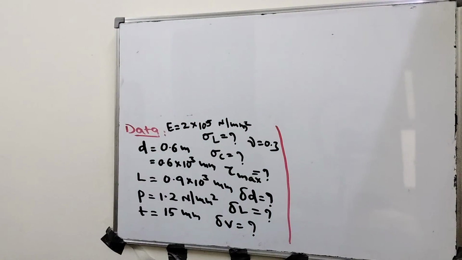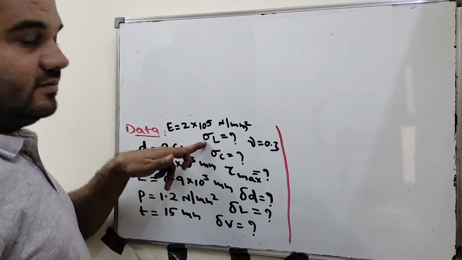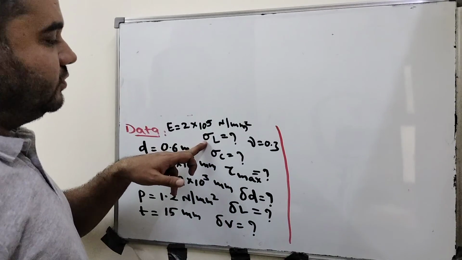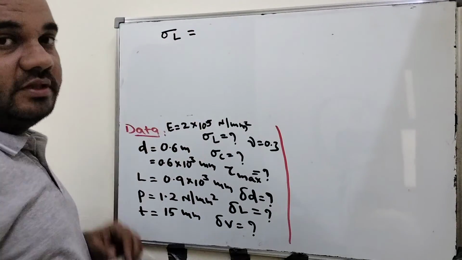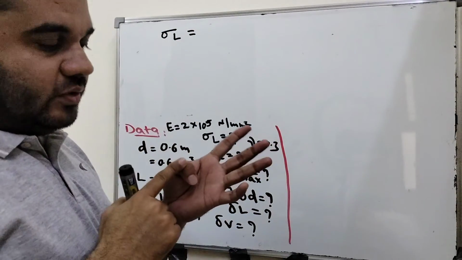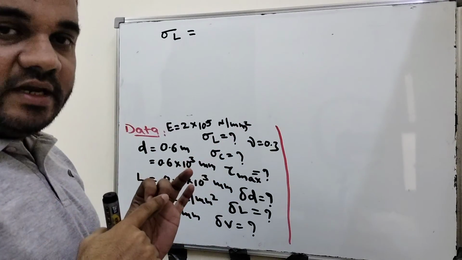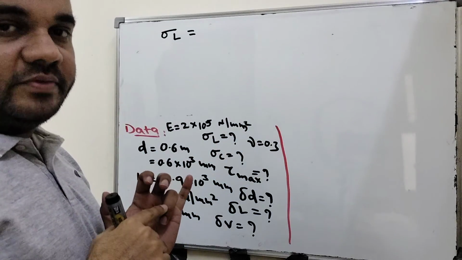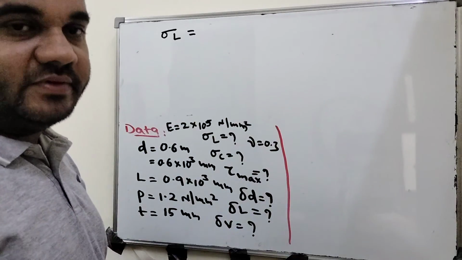First, he is asking for the longitudinal stress. What is the formula for longitudinal stress? In the previous video we derived the longitudinal stress equation, circumferential stress equation, longitudinal strain equation and circumferential strain equation. These four are the important formulae we derived, and you can check in the previous video.